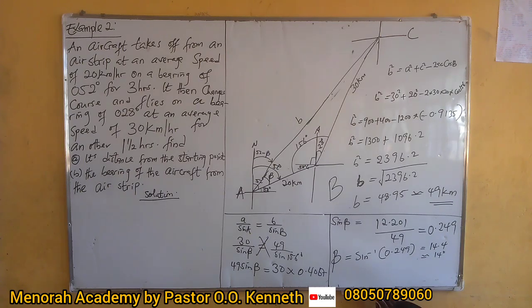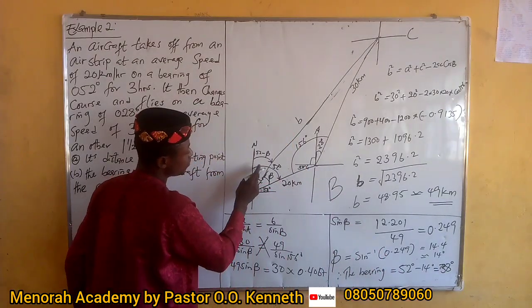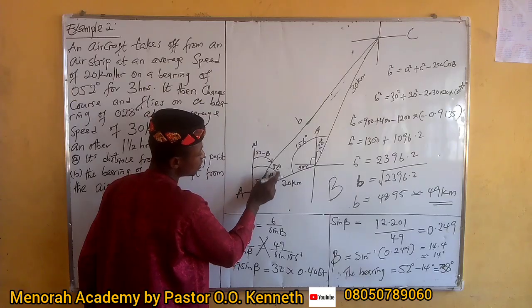So if beta is 14 degrees, the bearing will be 52 degrees minus 14 degrees, which is 38 degrees. Remember, from here down to this place is 52.